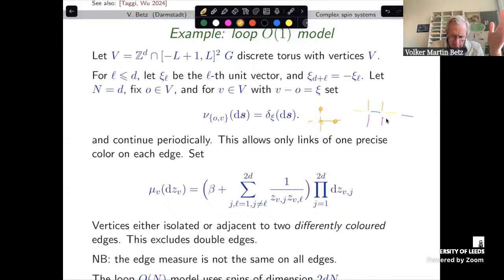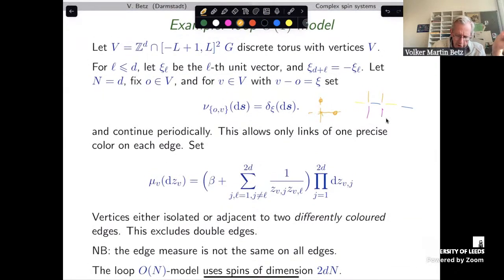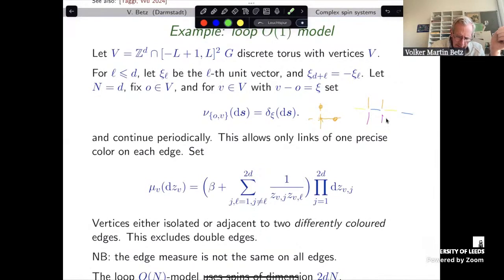And that helps because now you can insist that at each vertex you need 2 colors that are not the same matching together. And then as a net result, what you get is loops that cannot backtrack to themselves, because otherwise at the same vertex there would be twice the same color, and this is explicitly not allowed here.